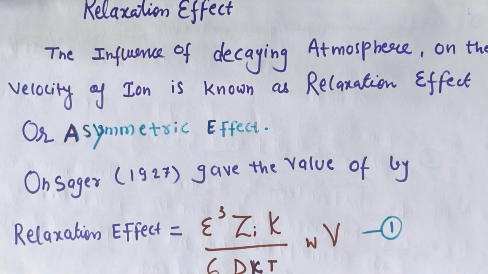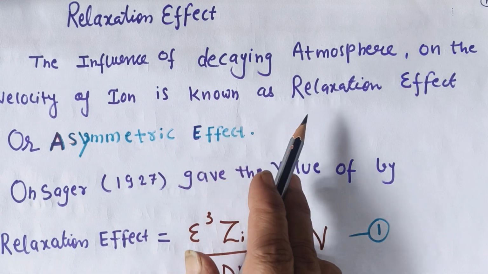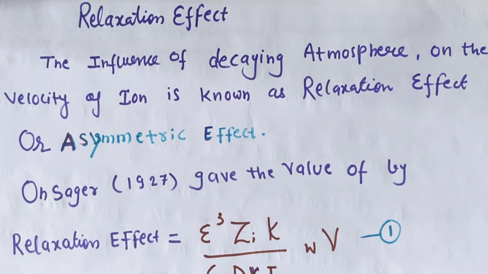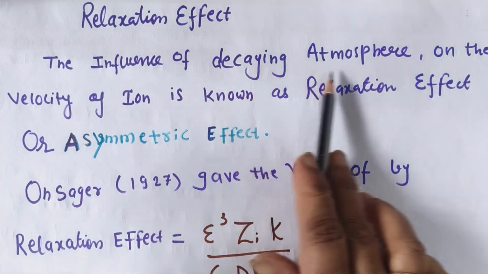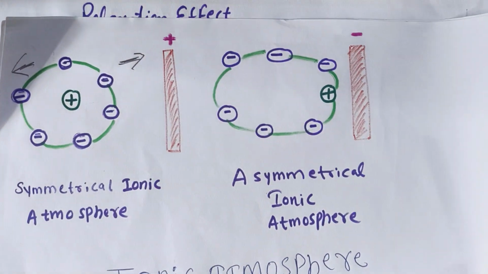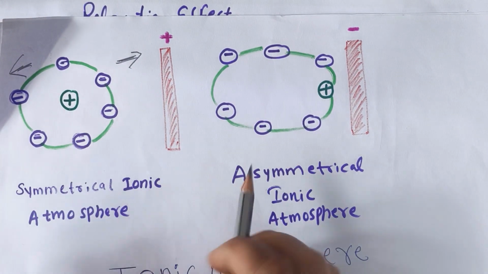The influence of the decaying atmosphere on the velocity of the ion is known as the relaxation effect. So when the ionic atmosphere gets disturbed, the velocity of the ions will decrease.